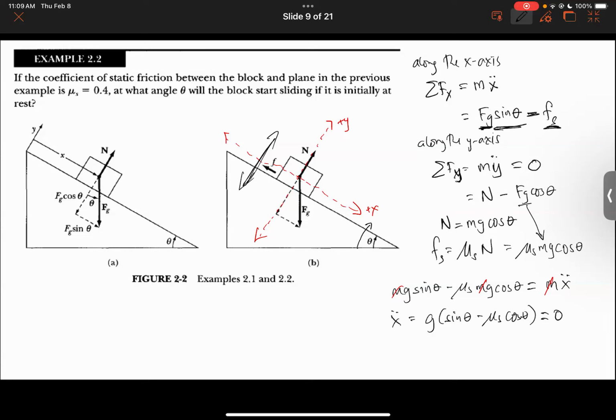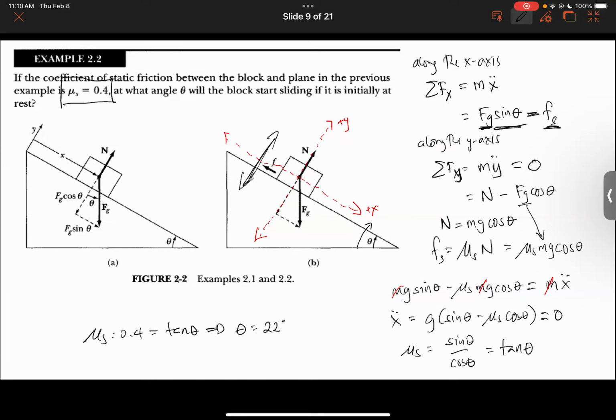Which means we can get mu sub s is equal to sine theta over cosine theta, or tangent theta. And since mu sub s is 0.4, so mu sub s equal to 0.4 is equal to tangent theta, then we can solve theta to be 22 degrees.